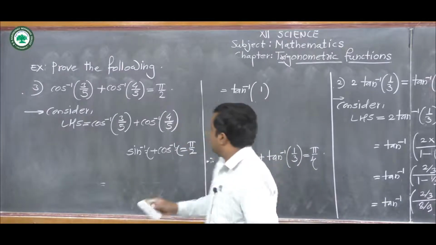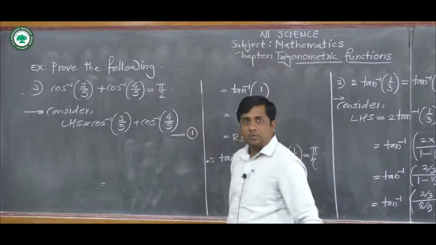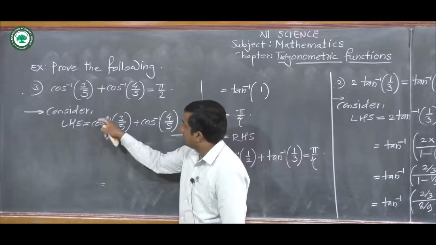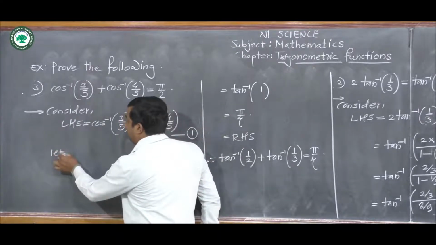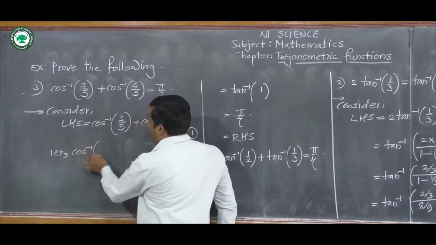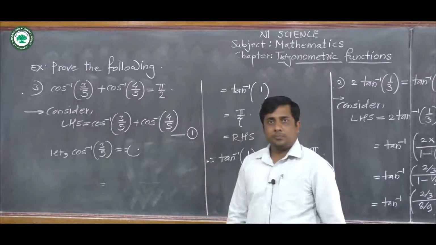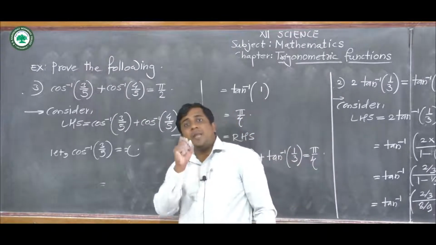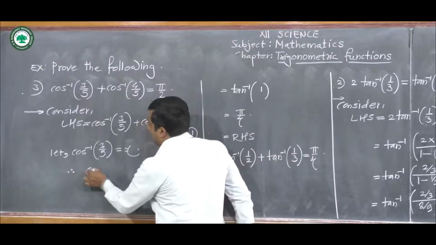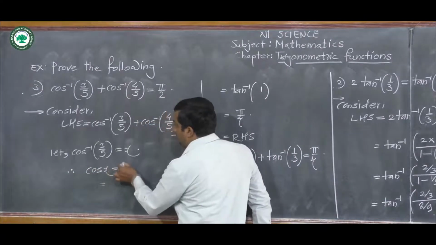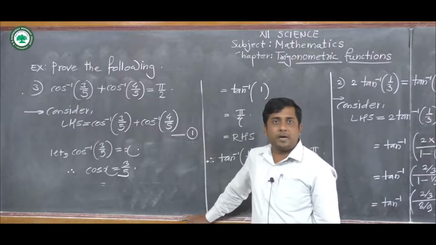So we consider the first case, let us call this 1. Let cos inverse of 3 by 5 be equal to x. Then by using our definition of inverse trigonometric function, cos x is equal to 3 by 5.